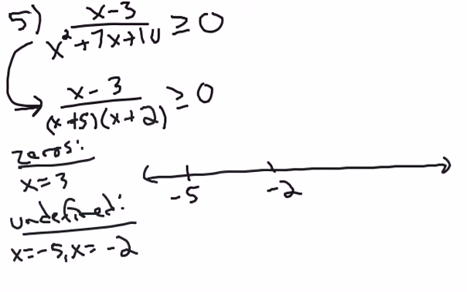This is a number line, so I need to put them in order from least to greatest. And then I'm going to use this factored version here to use some test points. So all of them will have this format. Let's just set this up.